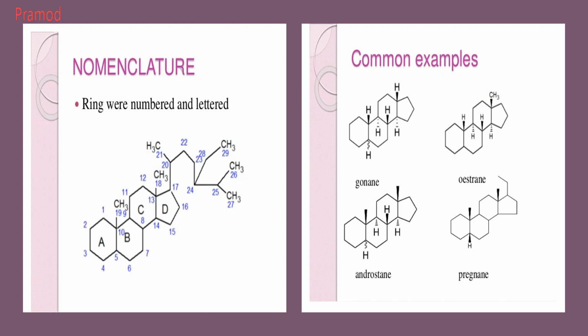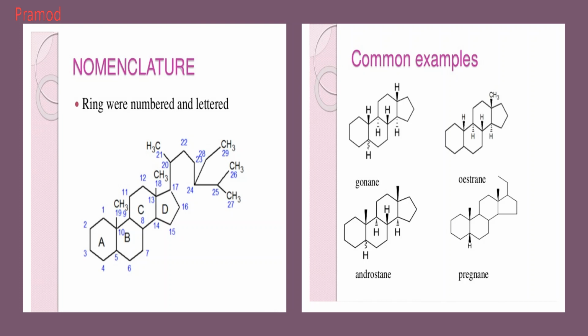Now common examples. Gonane does not contain a methyl at the 10th and the 13th. That is gonane. Estrane contains a methyl at the 13th position, no methyl at the 10th position.